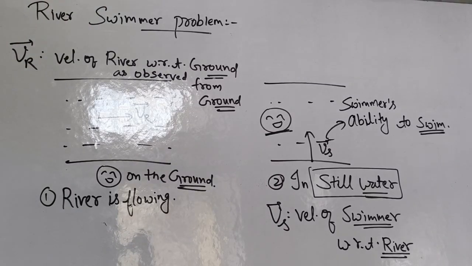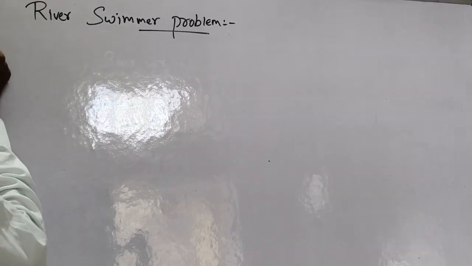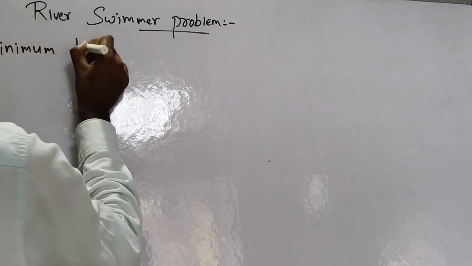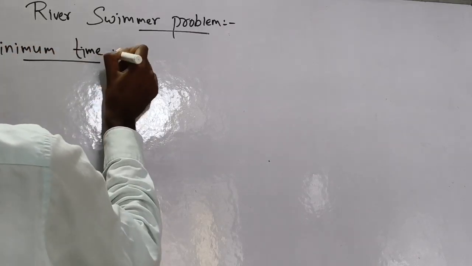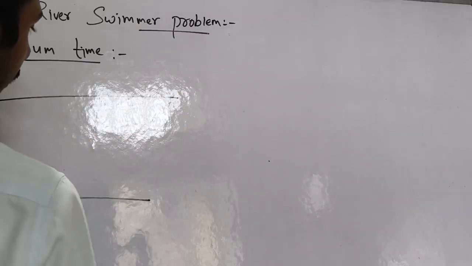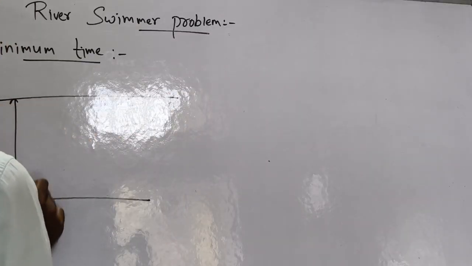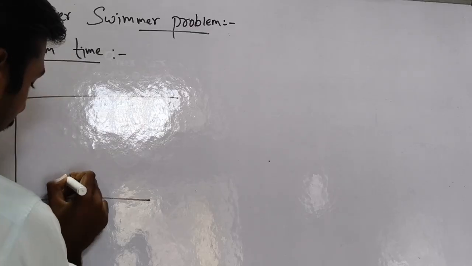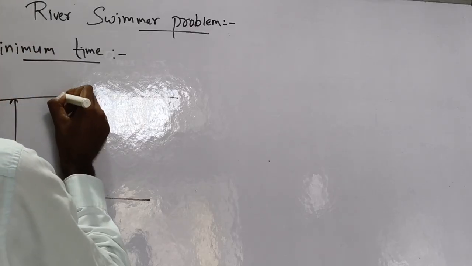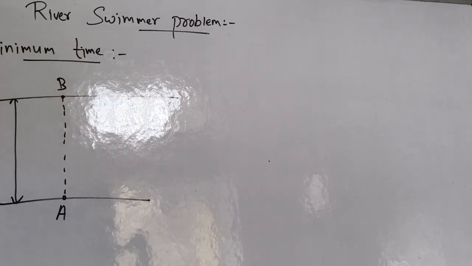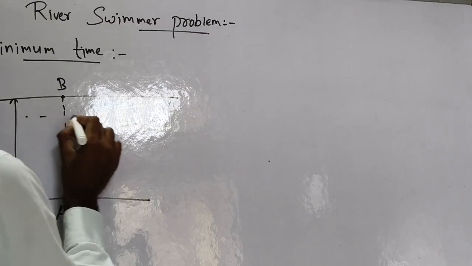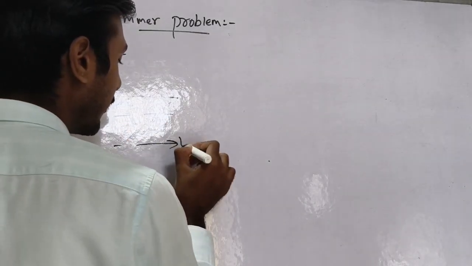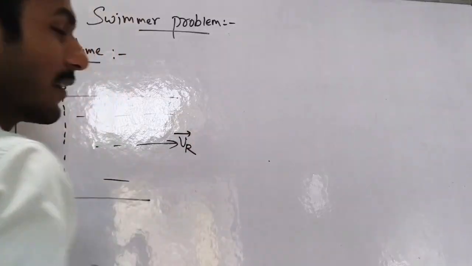Okay, now the next point. This is the first case, minimum time. This is the river, the width of the river is W, this is point A, and exactly opposite is point B. Now the river is flowing with velocity Vr.